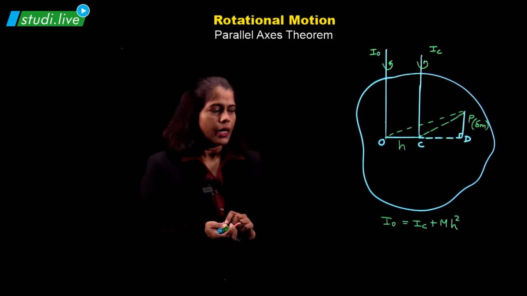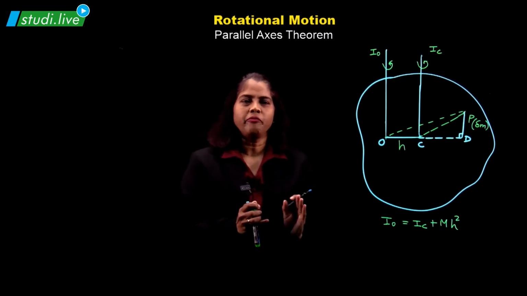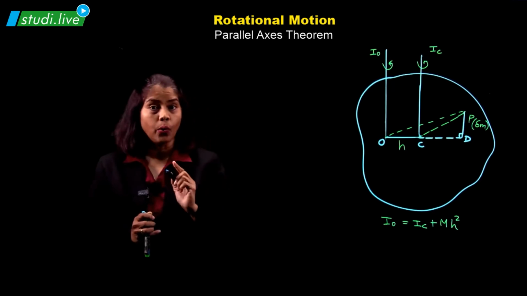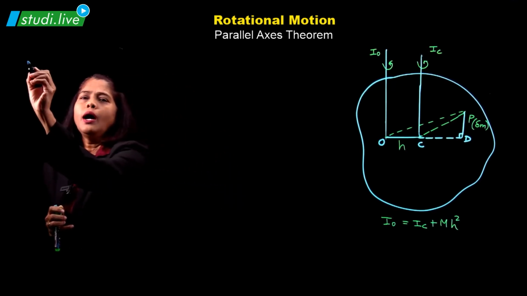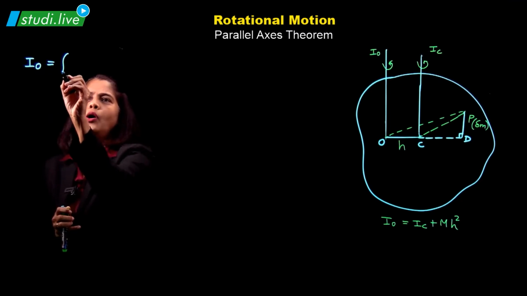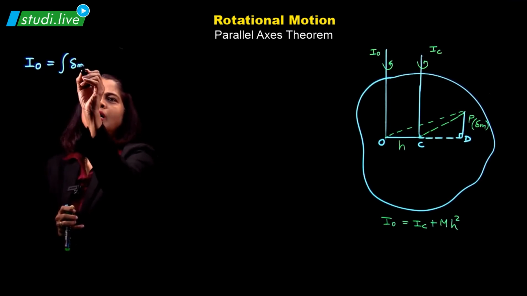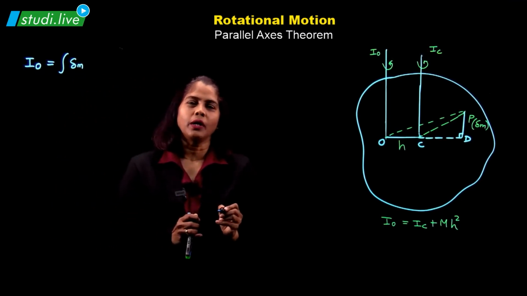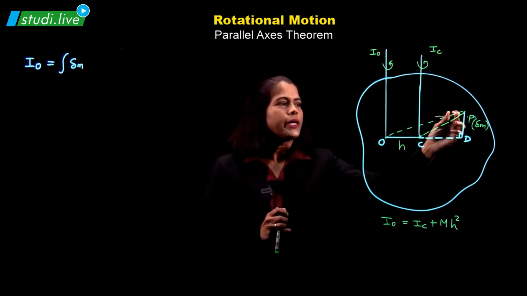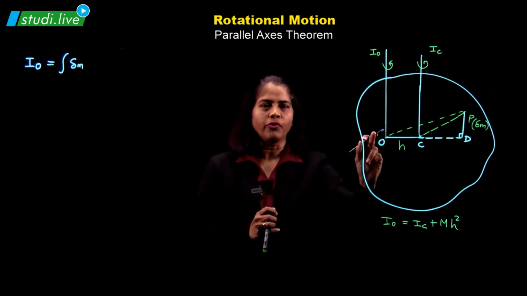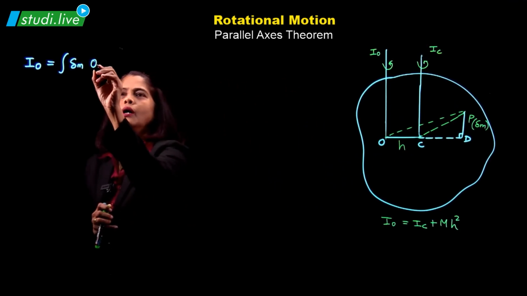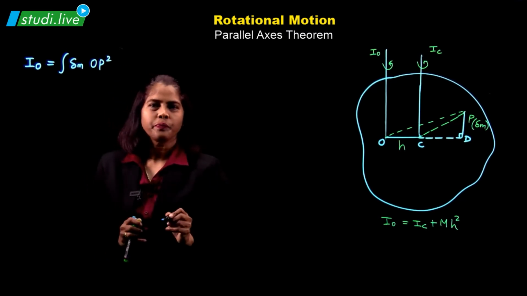Okay. Now, to prove this, first step what we are going to do is we are going to write the definition of IO. So, IO, students, that is moment of inertia definition, sum of product of mass and square of perpendicular distance. Now, square of perpendicular distance for IO from here to here, this part, that is OP. So, I am going to write here OP square, right?